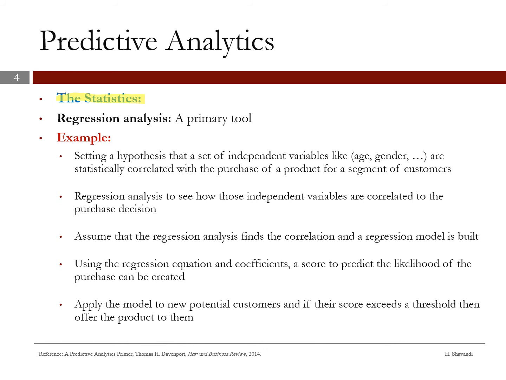For example, let's say we have a data set of the purchases of our customers, and we have a hypothesis that a set of independent variables like age, gender, or the demographic attributes are correlated with the purchase decision of customers in one segment, for example.